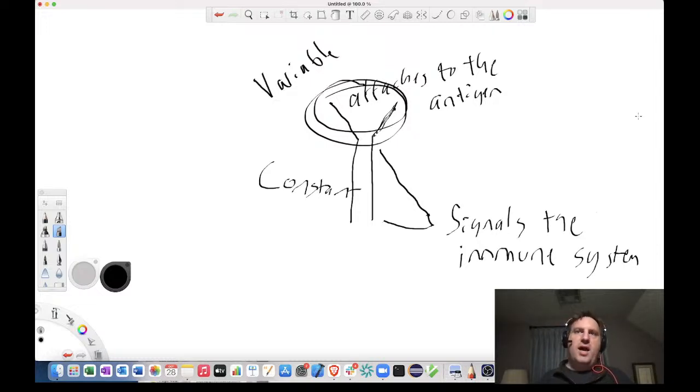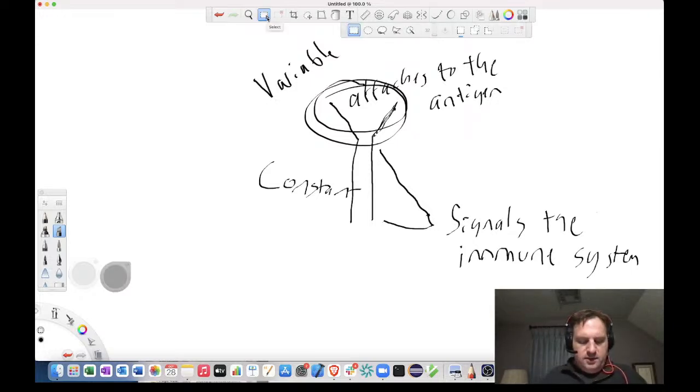The top part has to connect to all sorts of different organisms and antigens, and the bottom part has to signal. And the signaling is fairly uniform in the immune system.